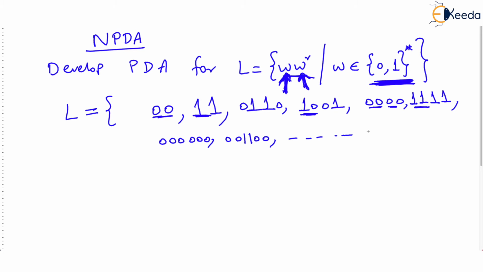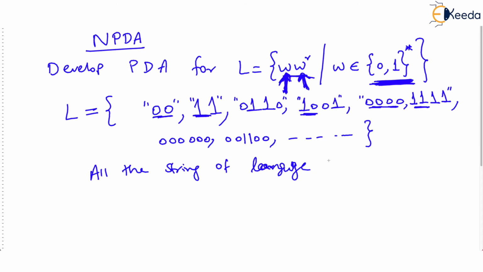Just observe, all such strings will be there in the language, where each individual string is made up of W followed by reverse of W. I repeat, each individual word is made up of W followed by reverse of W. Check that all the strings of language L, sorry for this handwriting, are even length palindromes.